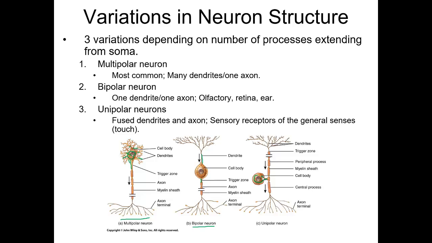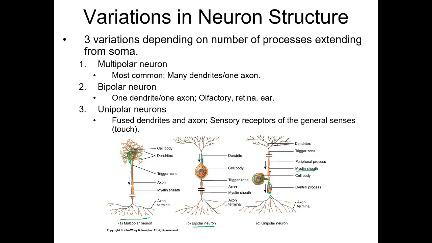Now, some structures that we did not go over are these sausage-like coverings on the axon. These sausage-like coverings on the axons are called the myelin sheath. Now, neurons may either be myelinated or unmyelinated. If there's no myelin sheath, the neuron is called an unmyelinated neuron. If there's myelin sheath, it is called a myelinated neuron.